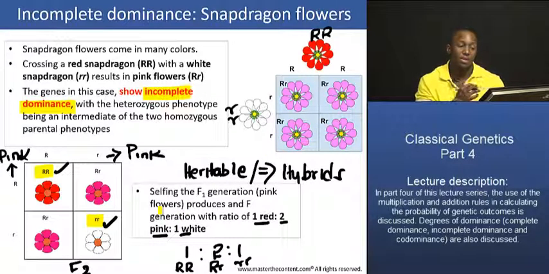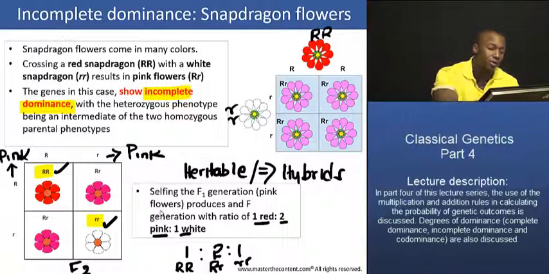So this is a very good example of incomplete dominance, the snapdragon flower. There are several others out there you can look up if you're interested in learning more about this phenomenon.